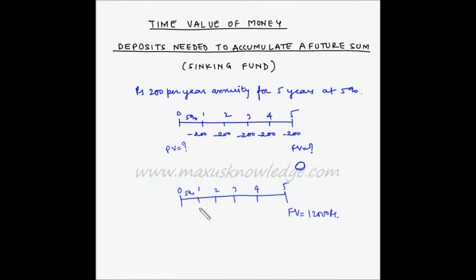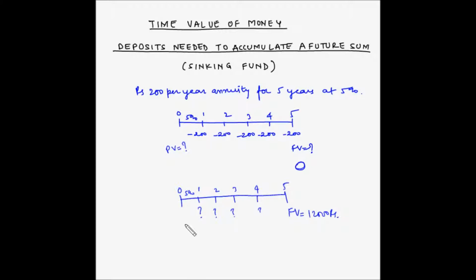So in this case, we have to find out how much should be deposited at the end of each of the 5 years so that we get an amount of 12,000 rupees at the end of the tenure when the bank is paying 5% interest per annum. So how much is this amount? This is a typical example of a sinking fund.